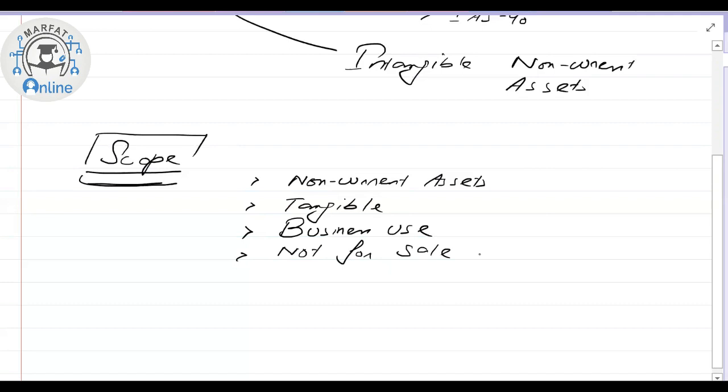Now, not for sale means that we are not selling those things in the ordinary course of business. For example, if you have an air conditioner in your office, that AC is property, plant, and equipment, because it is used for the business.